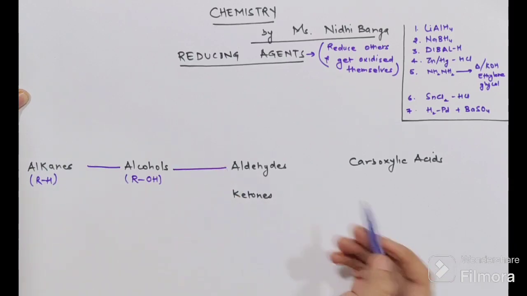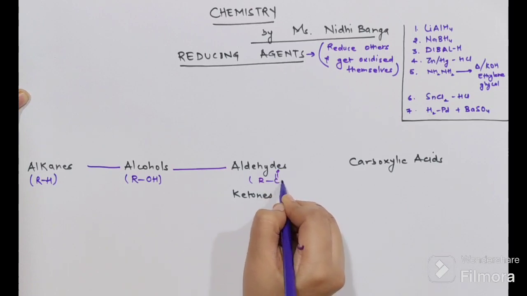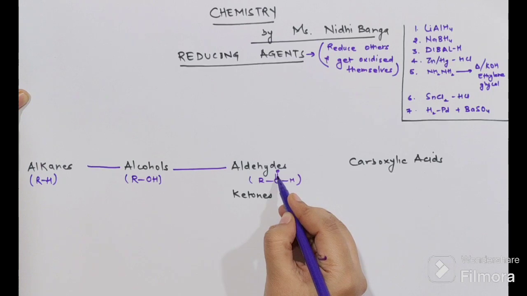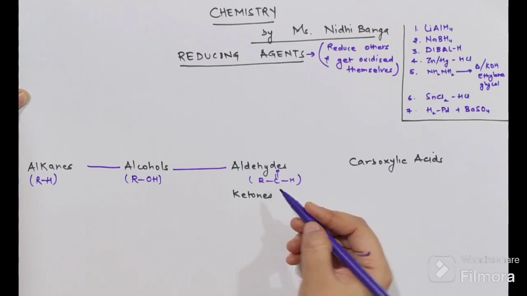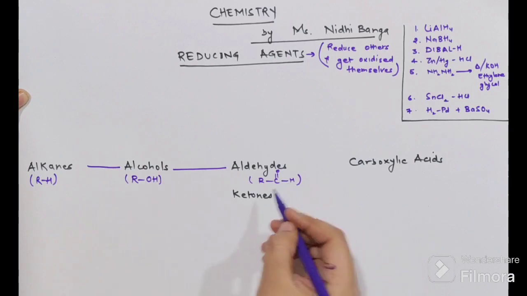Then we have aldehydes, represented as R, C double bond O, H. Here, as you can see, carbon is doubly bonded to oxygen. You can think of this as carbon bonded to oxygen by two single bonds, making it more oxidized than alcohols.